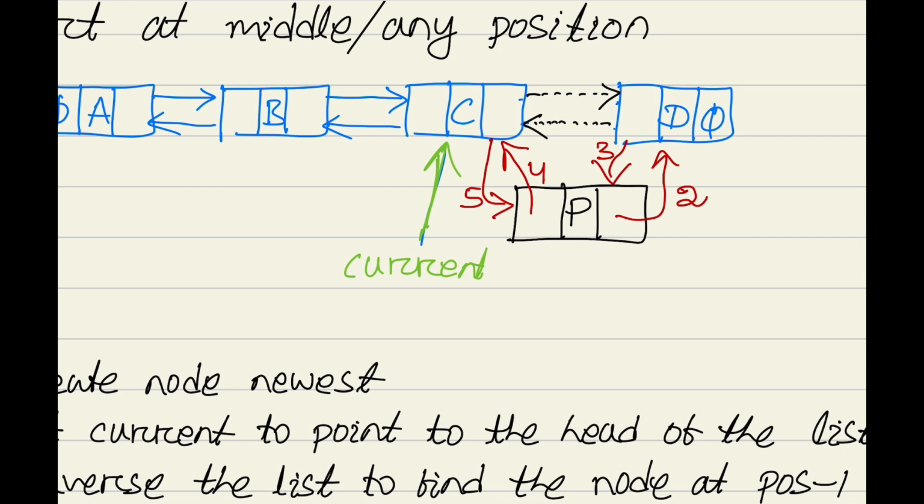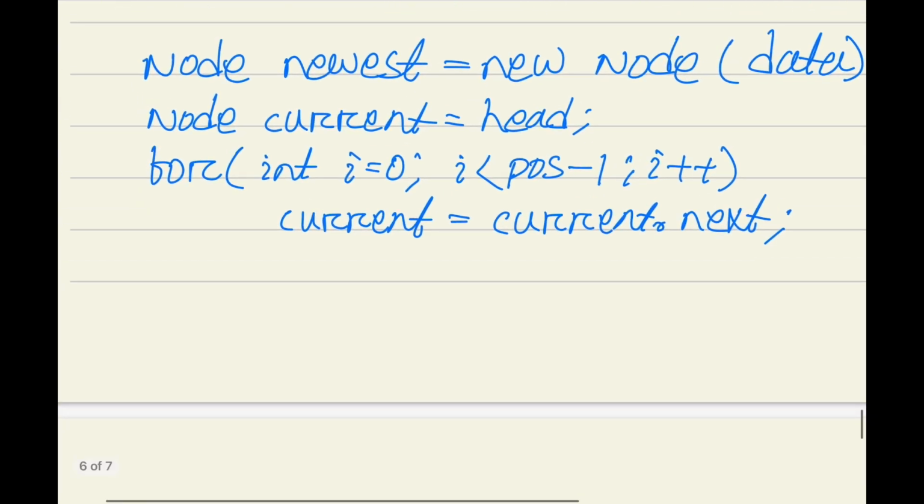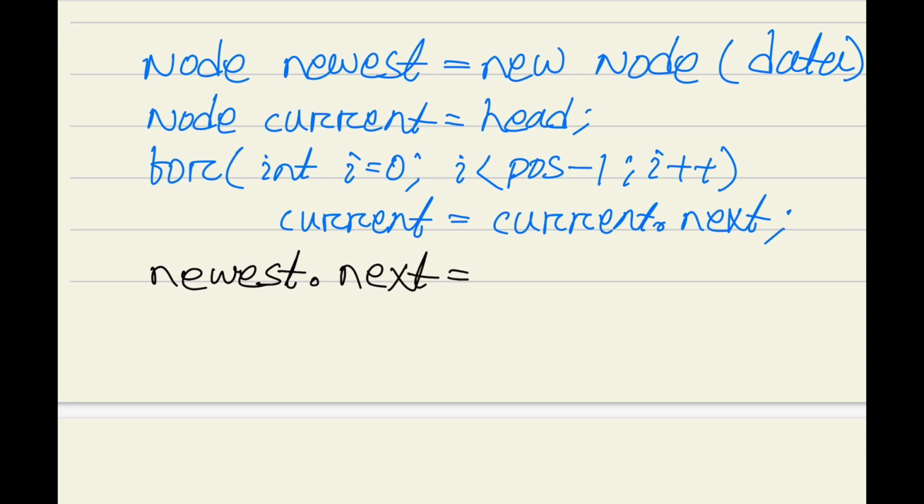So update this next of P or next of newest so that it is going to refer to D, that means it is going to refer to the next of current. So next of current means D; previously or initially the next of C was D. So we can write that one here: newest dot next. Once we find the node that is just before the position, we can write newest dot next equal to current dot next.